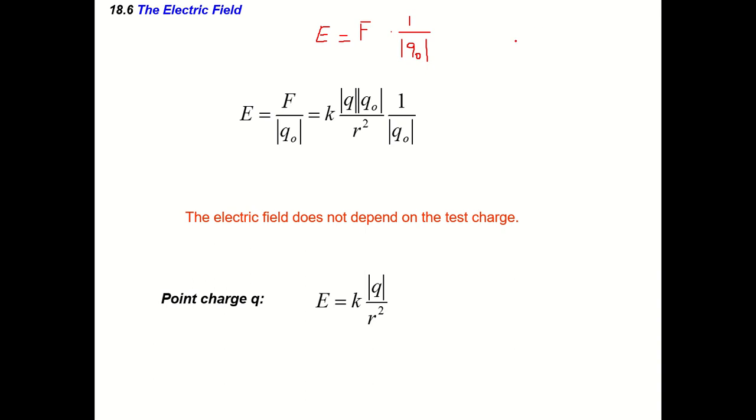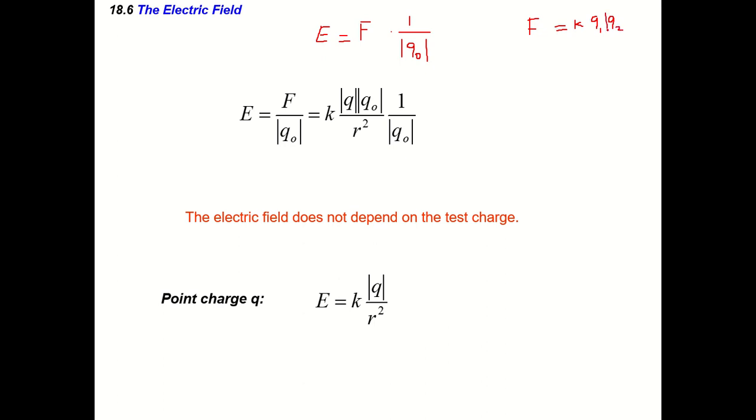But we know that F is equal to K multiplied by Q. It can be Q1 or Q2. It can be Q1, Q2.